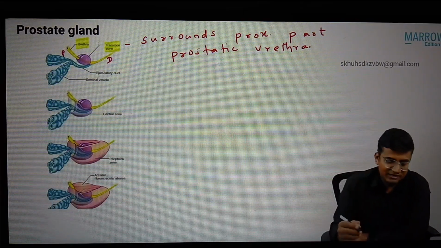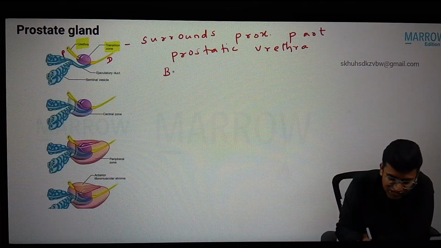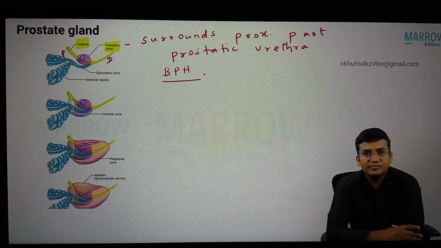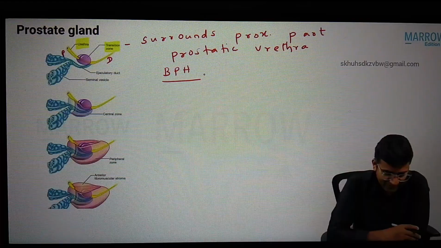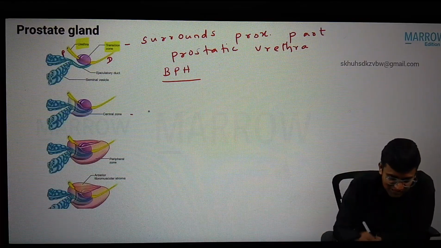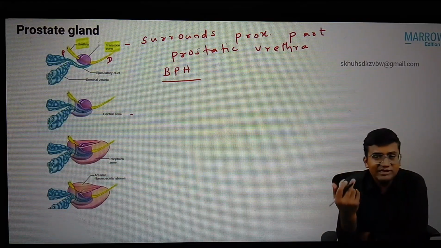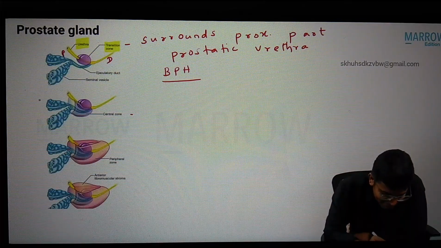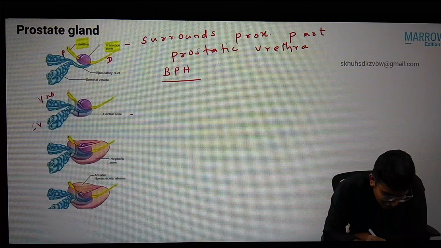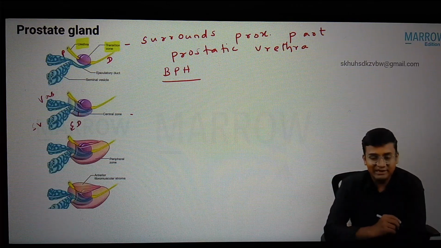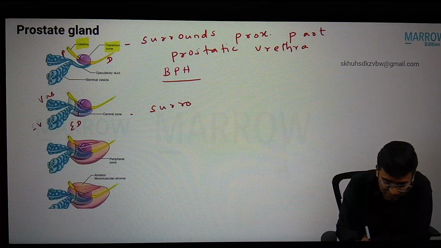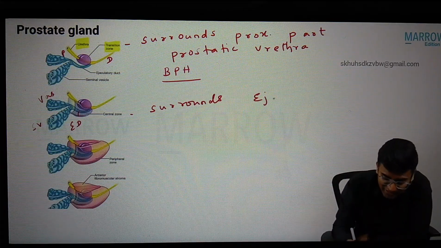Another important point is that BPH is most commonly seen in the transition zone only. Next, central zone. The central zone is not surrounding the prostatic urethra. See the diagram? It surrounds the vas deferens and the seminal vesicles, which join together to form the ejaculatory duct. So the central zone of the prostate surrounds the ejaculatory duct.